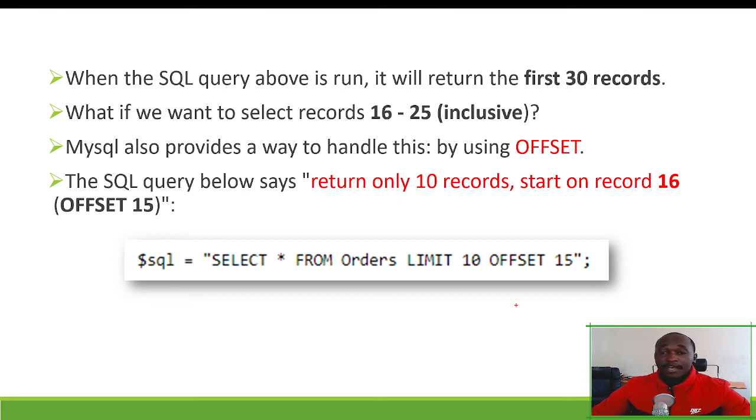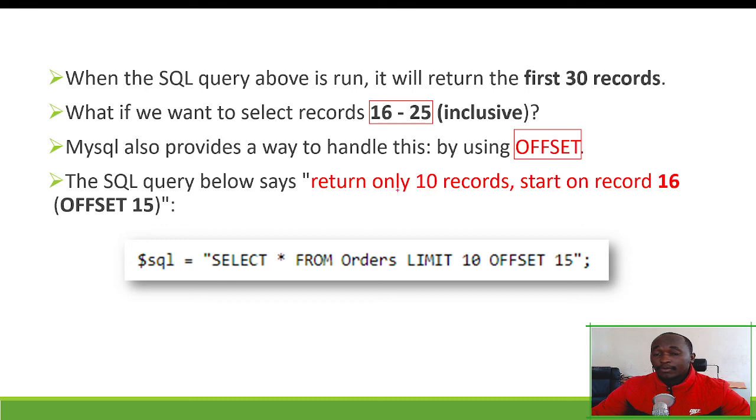Sometimes we want to select records, for example, from number 16 to number 25, inclusive of number 25. For that, MySQL provides the OFFSET parameter.